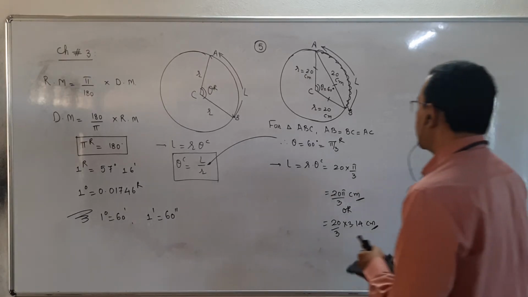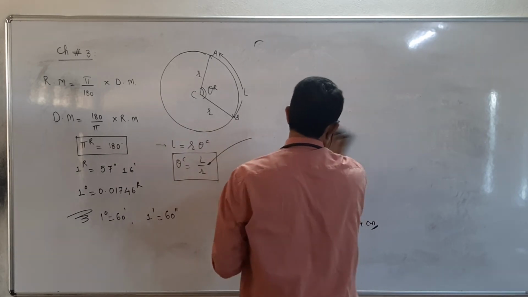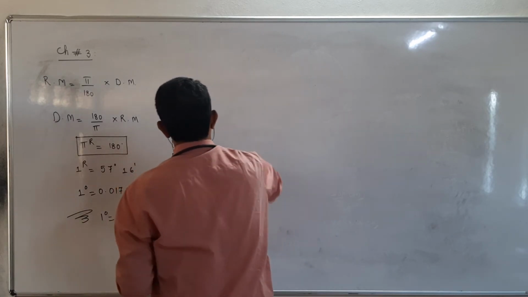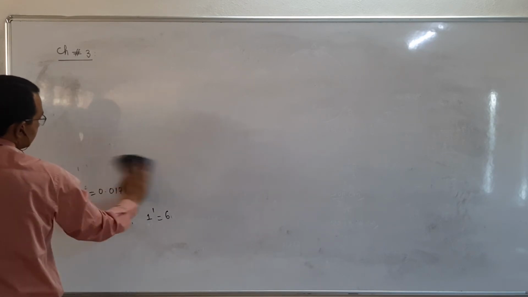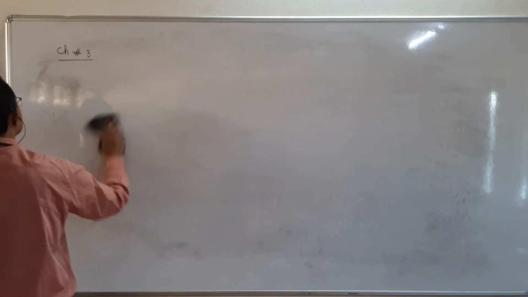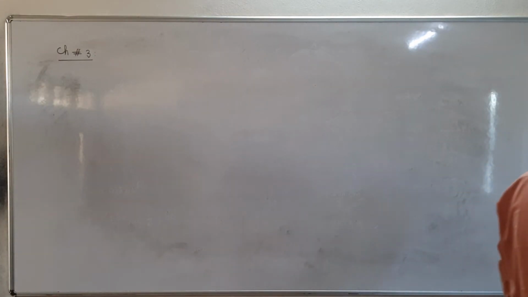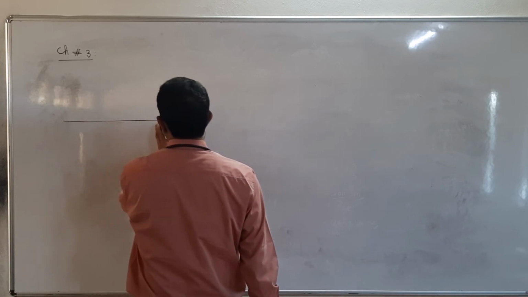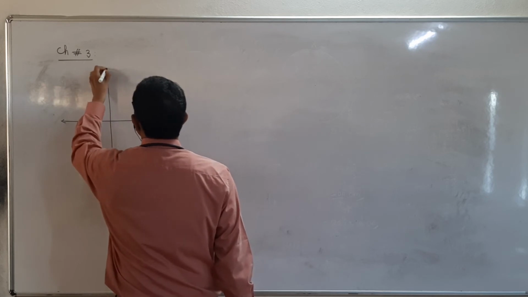Now we are revising exercise 3.2. Students, in exercise 3.2, we have all STCD. Let us draw the unit circle. Say this is x-axis. Say this is y-axis.